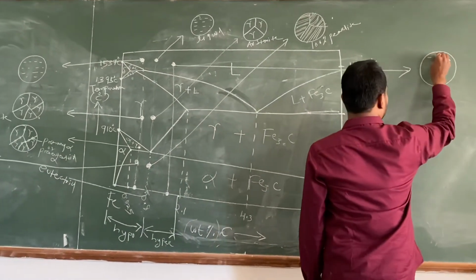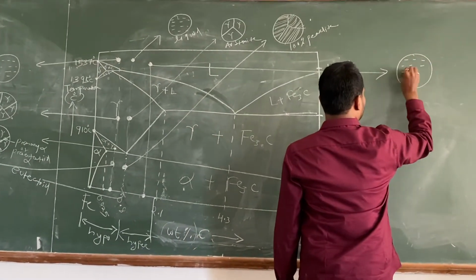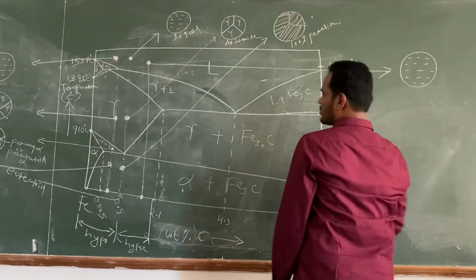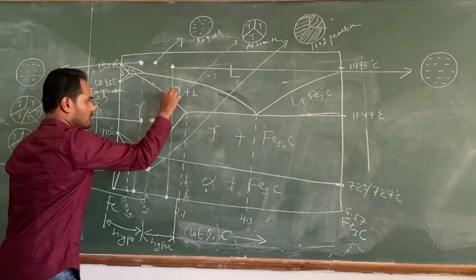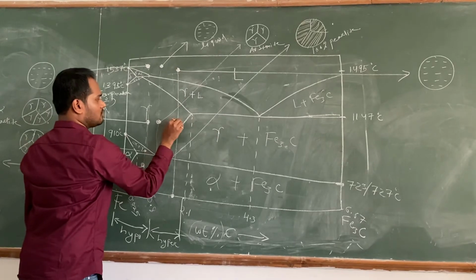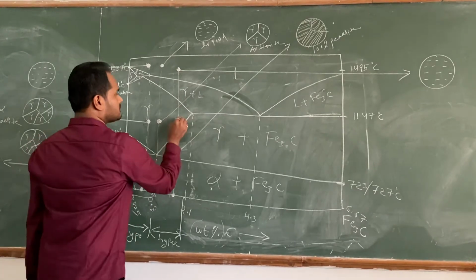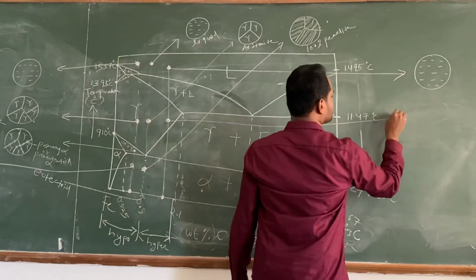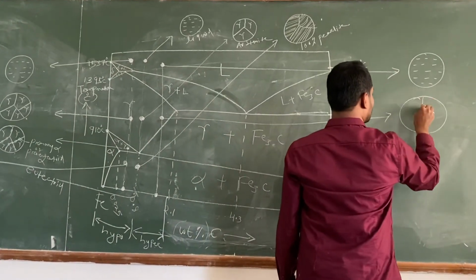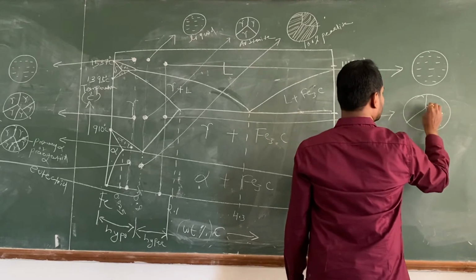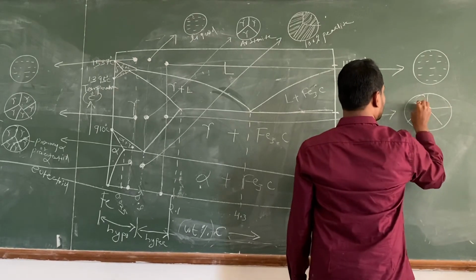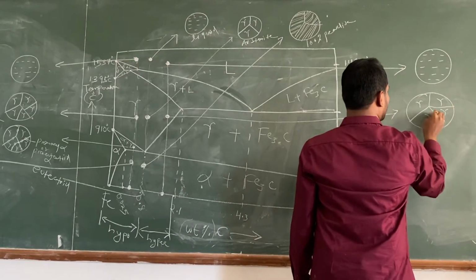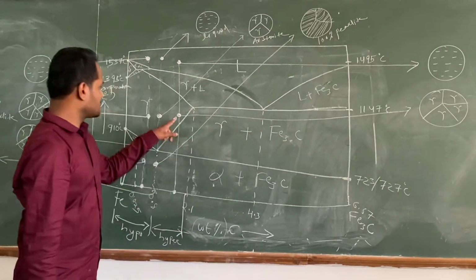First I have liquid. Is okay. Then I will move down the temperature. Suppose I want to show you this one. So again I have what? Gamma, only grain and grain boundary at this temperature.